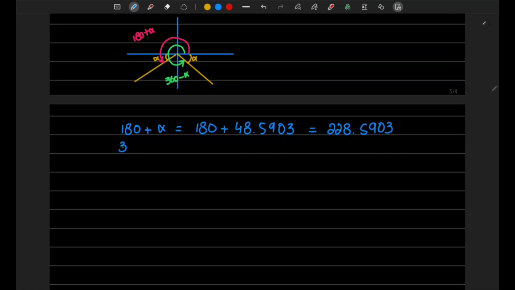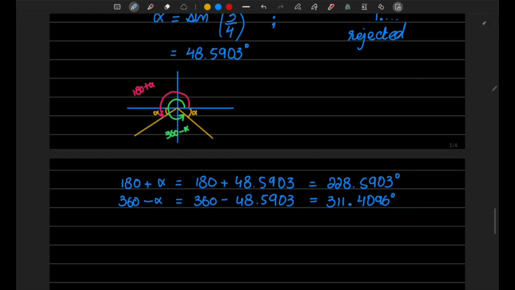The second angle is 360 minus alpha, so 360 minus 48.5903 gives you 311.4096.